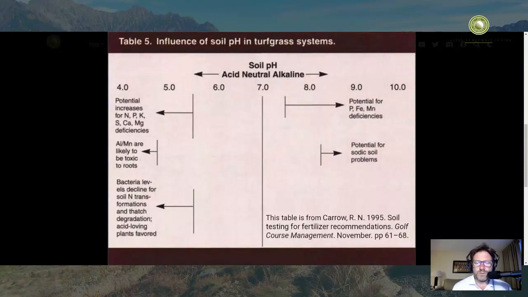And then it shows from a soil pH of 7.5 and up, it says potential for phosphorus, iron, or manganese deficiencies. It doesn't say you're guaranteed to have P, iron, or manganese deficiencies, but it says the potential increases, which is also what I said. I'll tell people if your soil pH starts getting into the high 7s, just watch out, especially for iron.